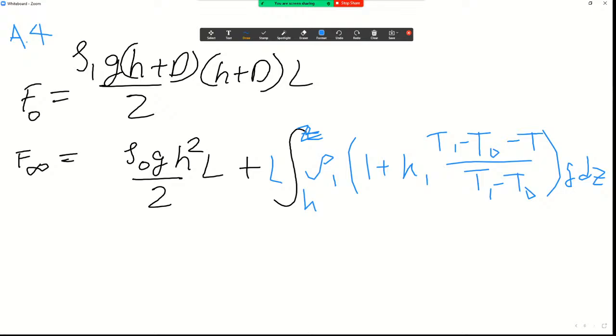So for force, we have to integrate once more.